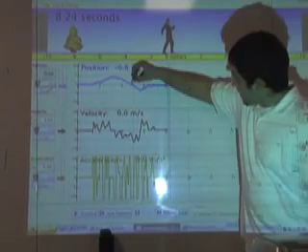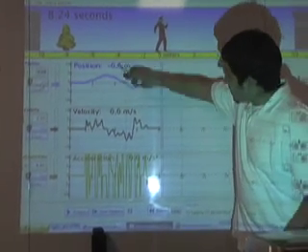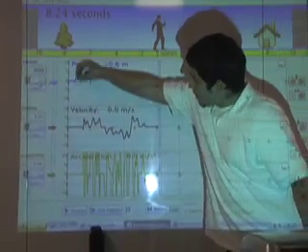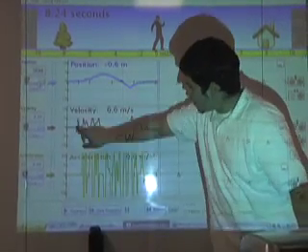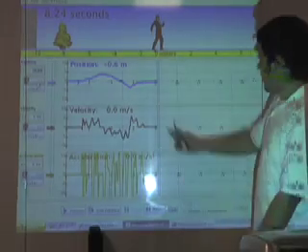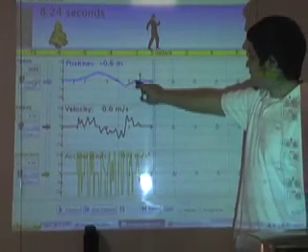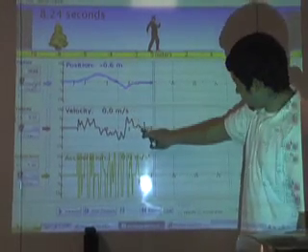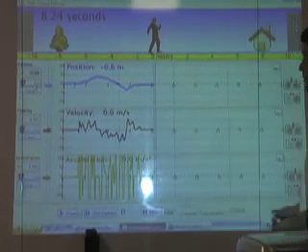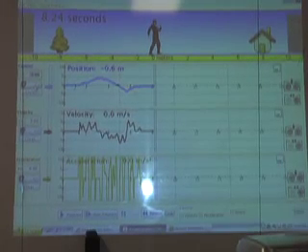And then at this point right here, he stops moving. He isn't moving, so therefore there's no velocity or acceleration. And as he comes back to the main position, it kind of speaks for itself.